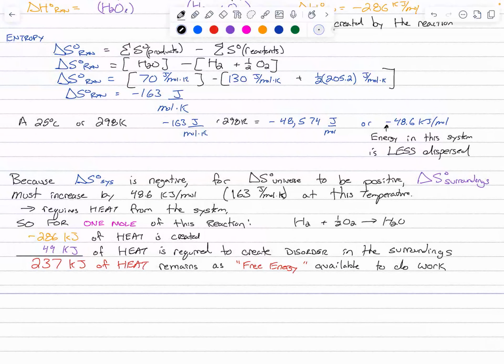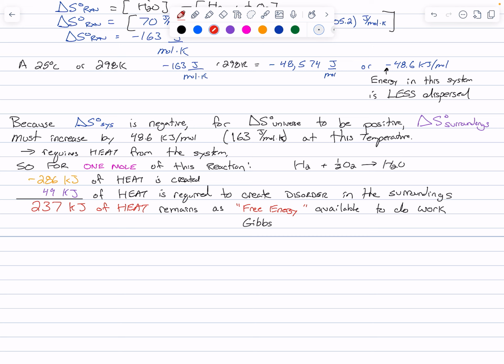And of course, Gibbs came up with this, Gibbs free energy. And so delta G standard equals delta H standard minus temperature times delta S. Now, these are all for the system or reaction.